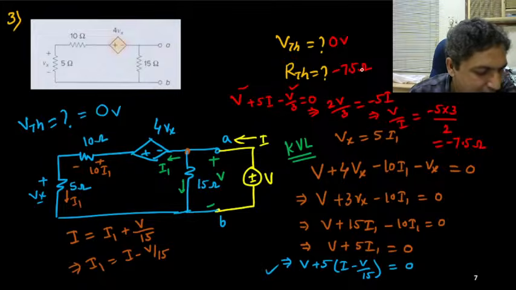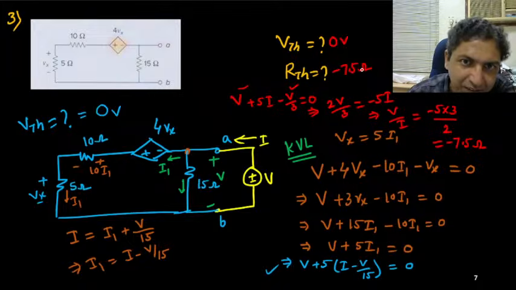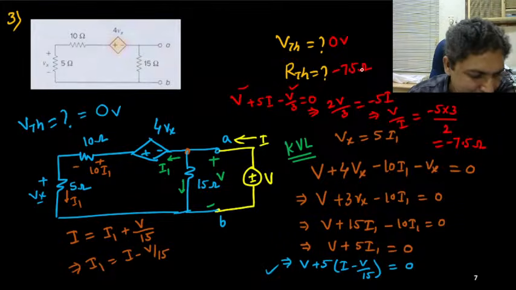Now, if the circuit has only independent sources, no dependent sources, then Thevenin resistance is always positive. But if the circuit contains some dependent sources along with independent sources, then Thevenin resistance could be negative, could be positive. But it could be negative.